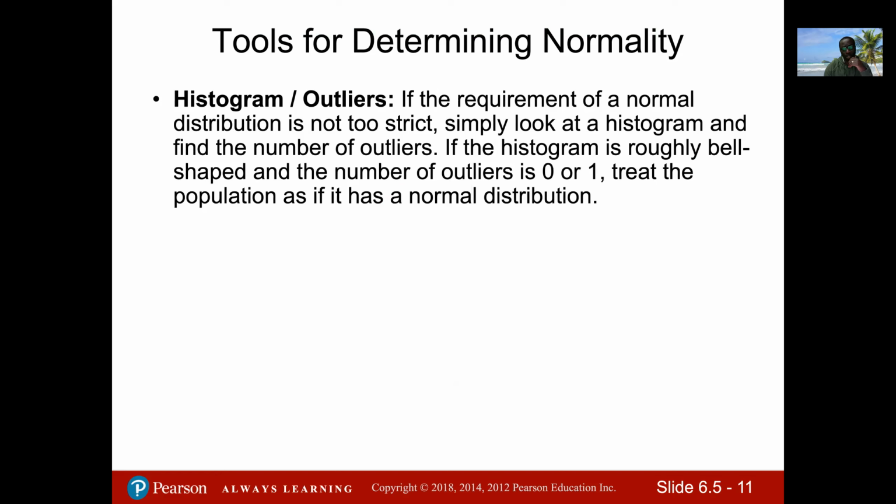If you have just 0 or 1, then treat the population as being from a normal distribution. In other words, the sample size is small, and you want to check for outliers. If you have more than 1, then it's not normal.